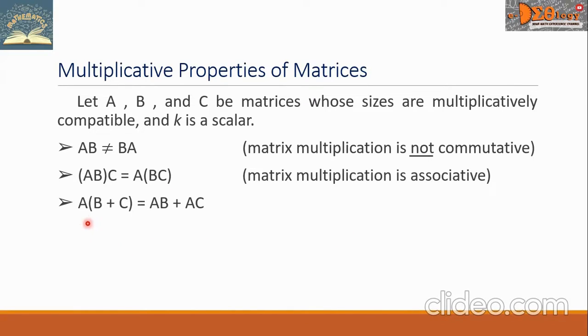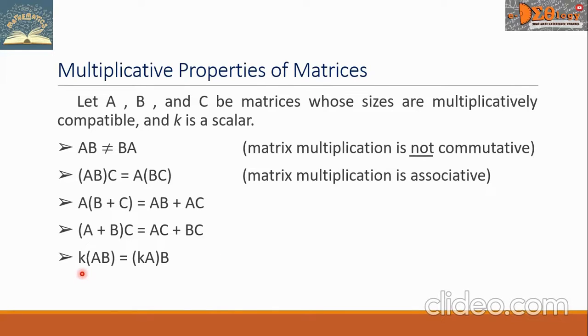Third property, A times the sum of matrices B plus C is equal to the product AB plus the product AC. Property number 4, the sum A plus B multiplied by matrix C is equal to product AC plus product BC. 5.